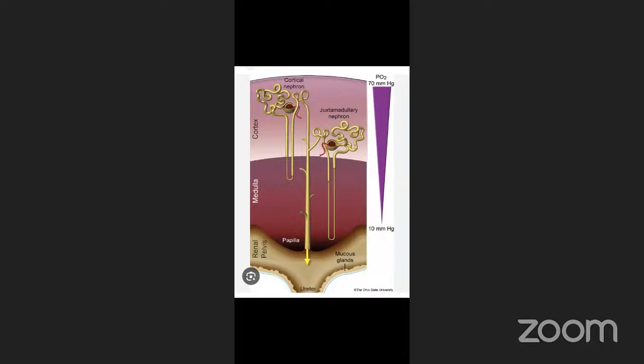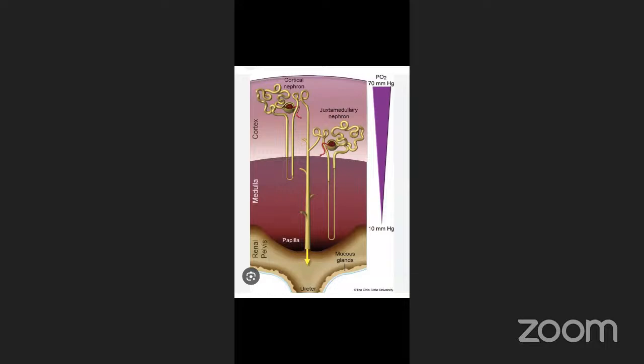And you look at this diagram here, you can see that the cortex usually contains majorly the Bowman's capsule, proximal convoluted tubule, and distal convoluted tubule, while the medulla is made up of the loop of Henle. The loop of Henle is usually contained within the medulla.